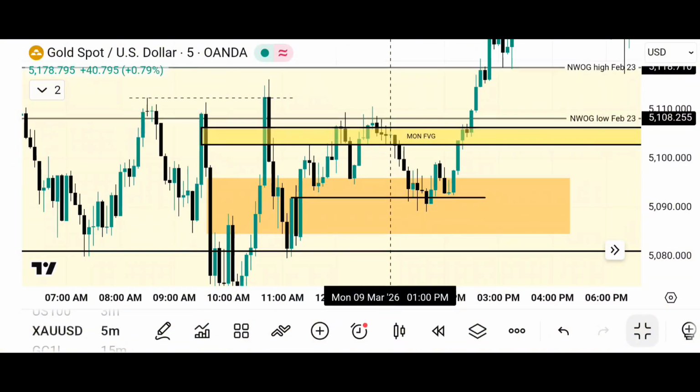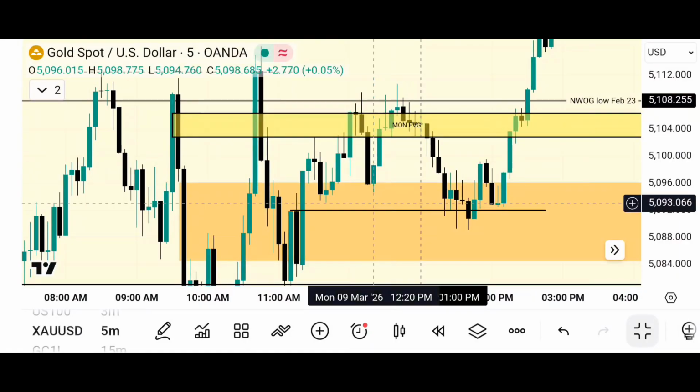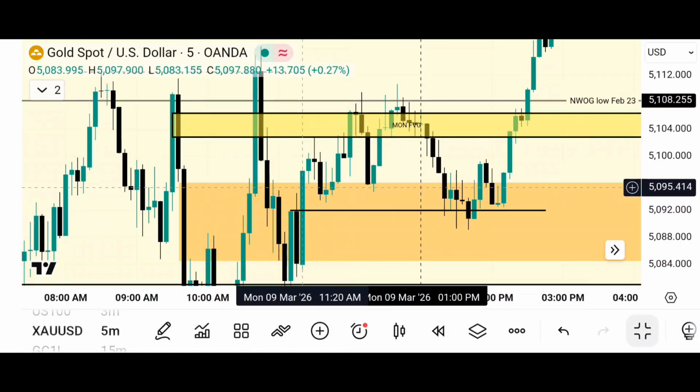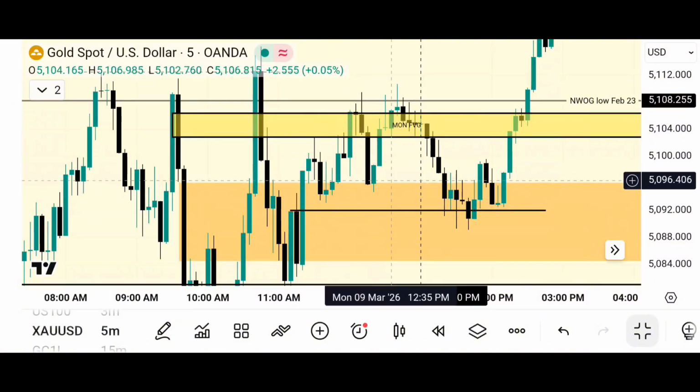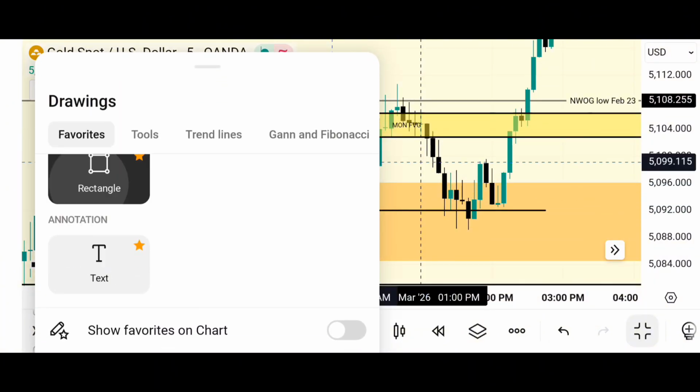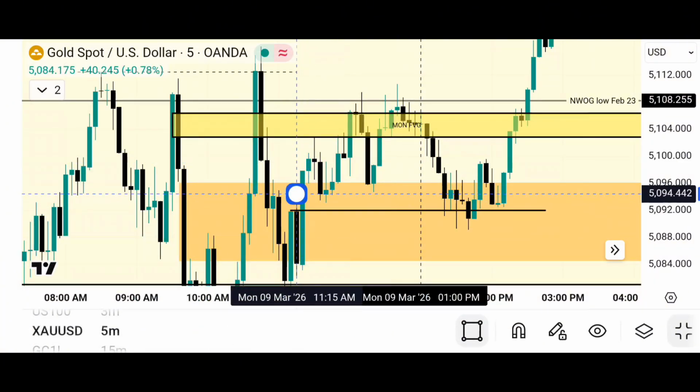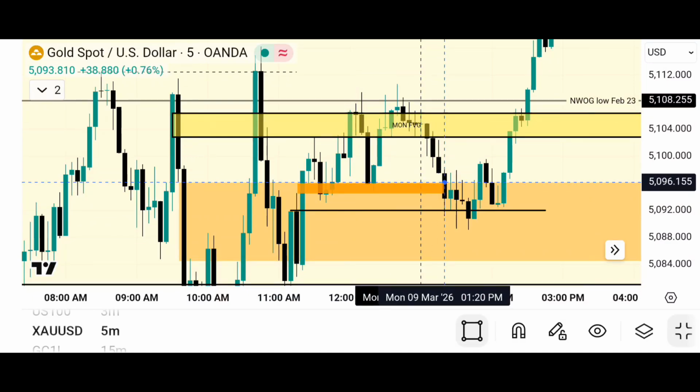That's two confirmations. Also, prior to that, you can see this small fair value gap right here inside where this sell side was being formed. Let me bring this out. This is a fair value gap.